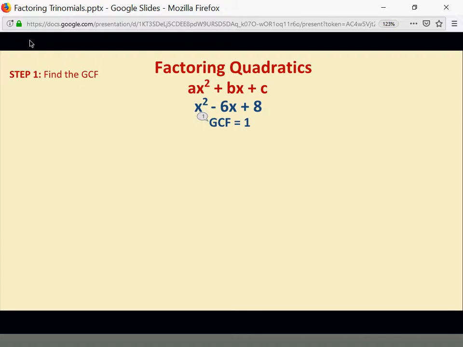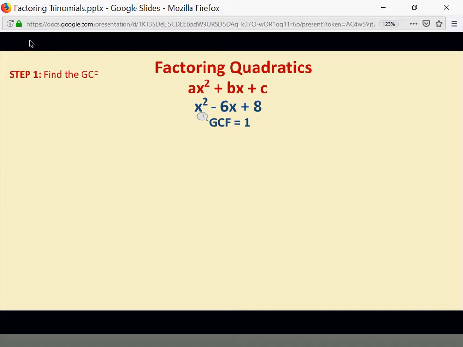All right, step 1 is you need to find the GCF, the greatest common factor for that trinomial. The same principles that we were using yesterday apply, where you look at every monomial in the polynomial, and this polynomial is a trinomial, and see what's the greatest common factor.